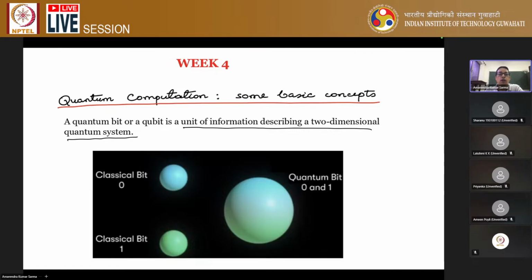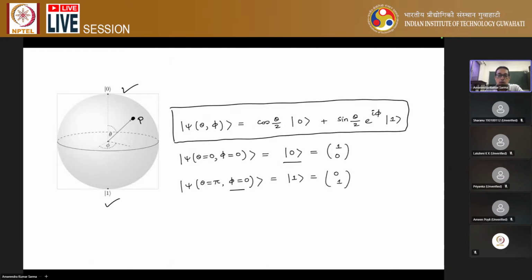A quantum bit is nothing but a two-level system, a superposition of the ground state and the excited state, or the up spin state and the down spin state, and so on. So all this you have learned already. In quantum computation, this Bloch sphere formalism becomes quite useful.